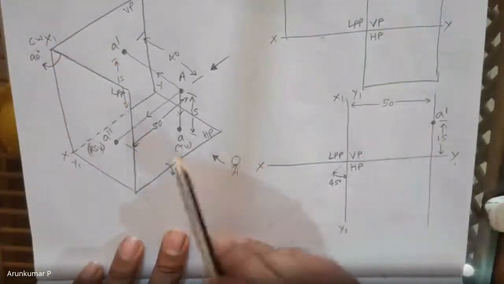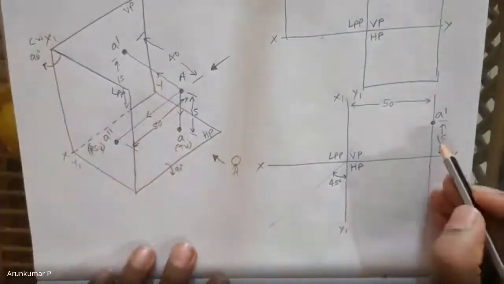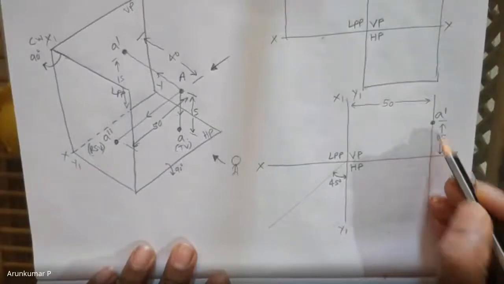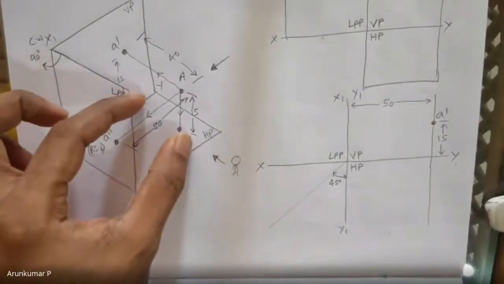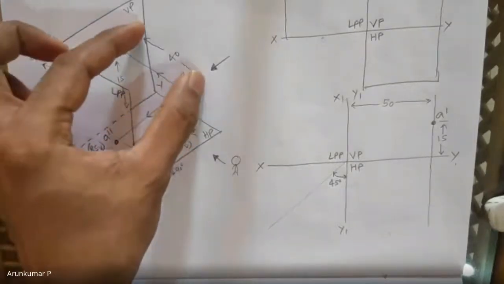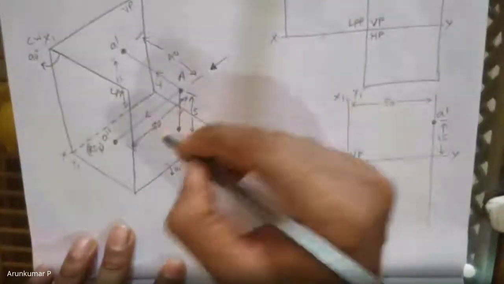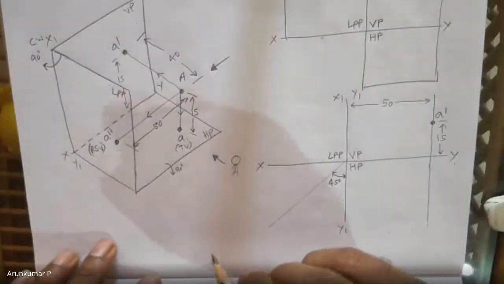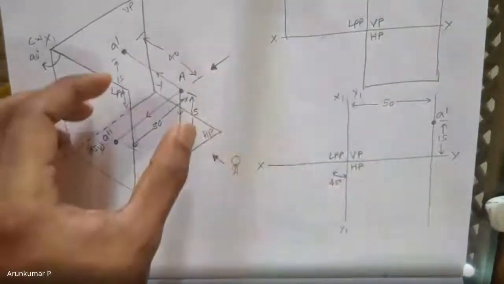and as you can see it here, I'm going to locate A dash 15 mm above XY line, and then A. The top view A is at what distance from XY line? Yes, I think 40 mm.